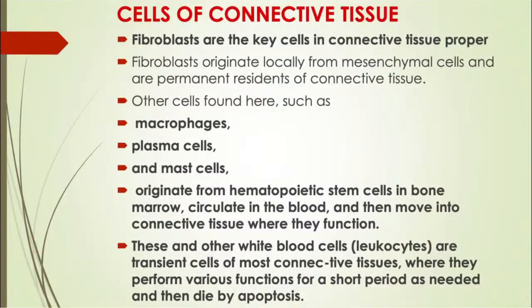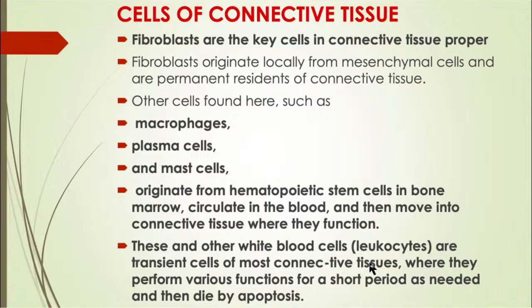Cells of connective tissue, again, some information you need to indicate in your notes. Fibroblasts are the key cells in connective tissue proper, and fibroblasts originate locally from mesenchymal cells and are permanent residents of connective tissue. Other cells like macrophages, plasma cells, mast cells originate from hematopoietic stem cells in bone marrow, circulate in blood, and then move into connective tissue when they function.